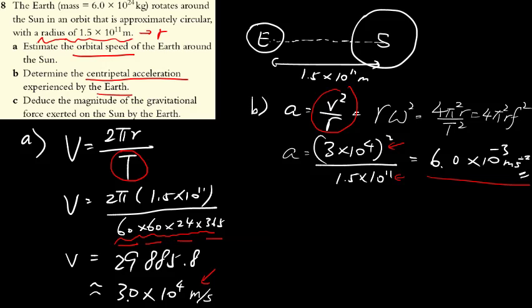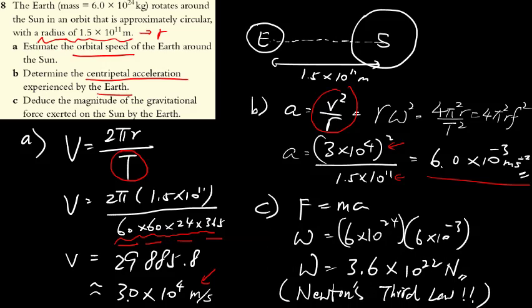For part C, it asks you, from that, to determine the magnitude of gravitational force, that means weight, exerted on the Sun by the Earth. So here is one thing that requires you to understand Newton's third law. If you remember Newton's third law, it says the forces always exist in the same magnitude but opposite direction. So in this case, the gravitational force exerted on the Sun is the same as the gravitational force exerted on the Earth.